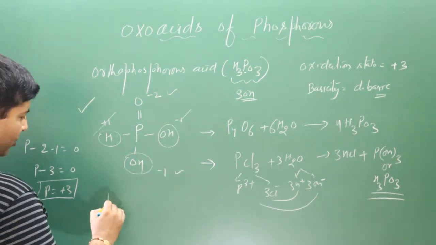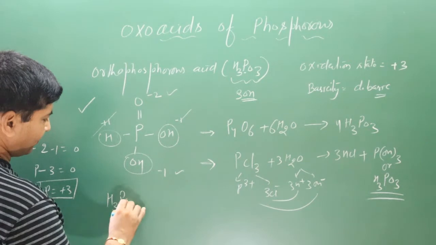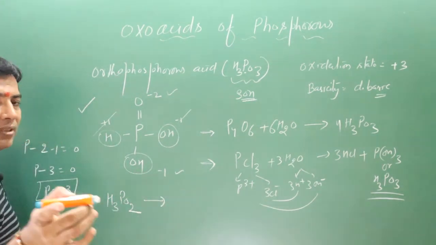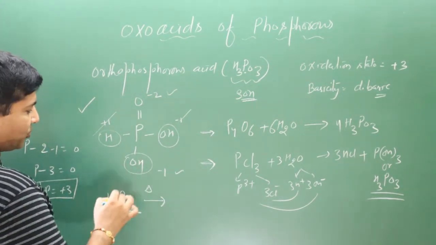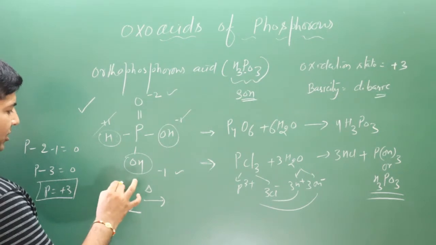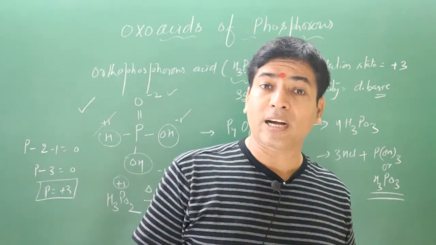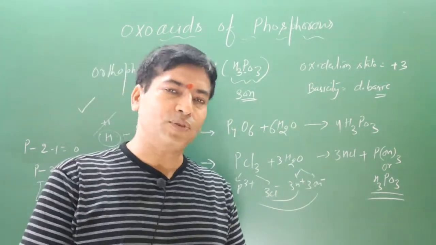The next method uses H3PO2, which we learned about before. On heating, it undergoes a disproportionation reaction. Pay attention here: phosphorus is present in the +1 oxidation state, an intermediate oxidation state, so it undergoes a disproportionation redox reaction.